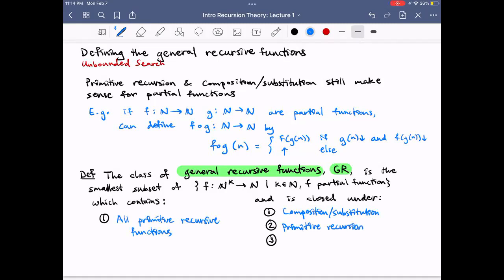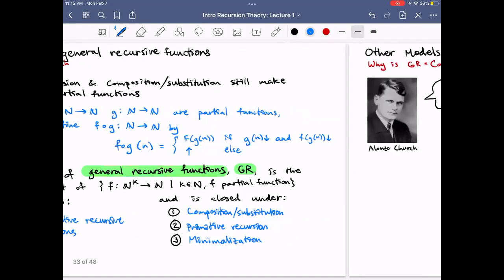But now we add this one extra operation, which is minimalization or unbounded search. And that defines the general recursive functions, and that is the class of functions that is claimed to be the computable functions. Okay, so that's the definition.